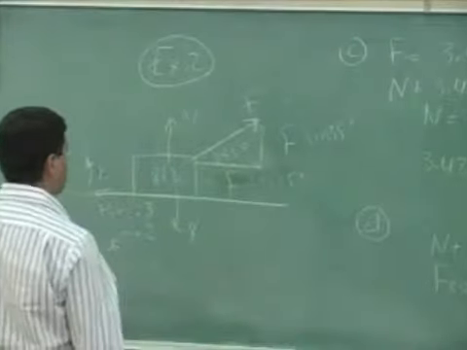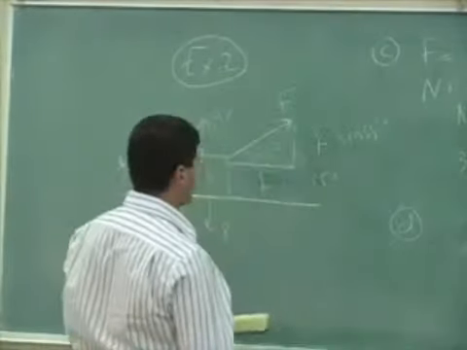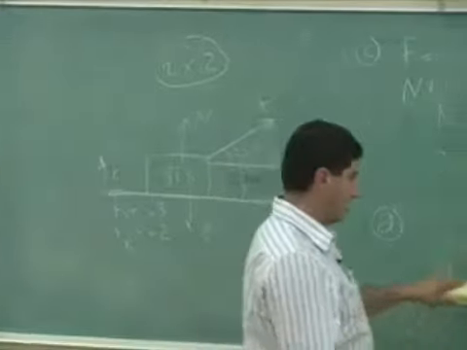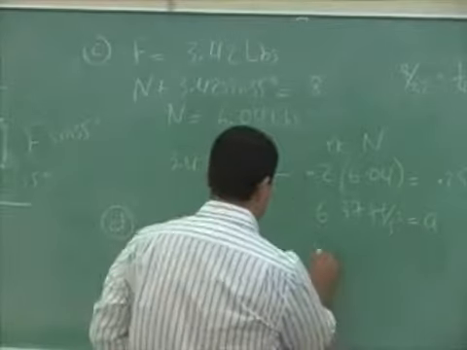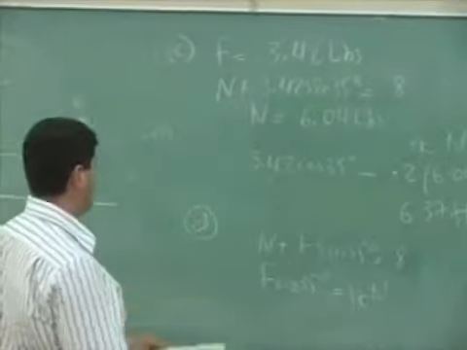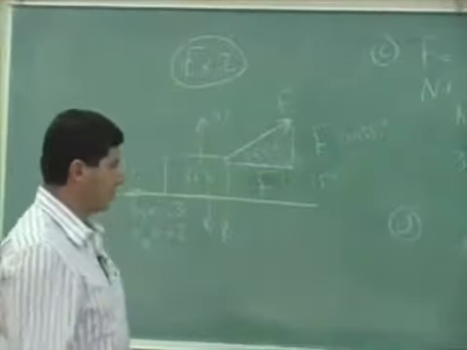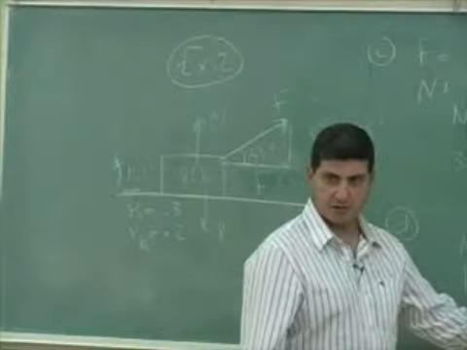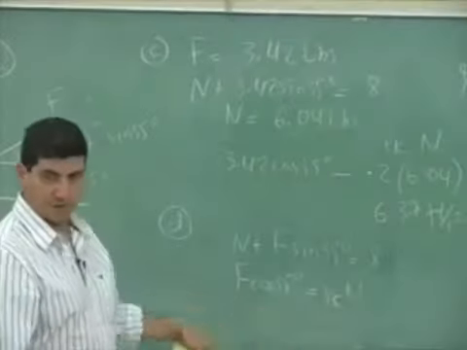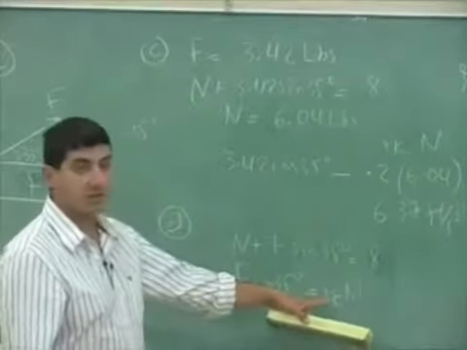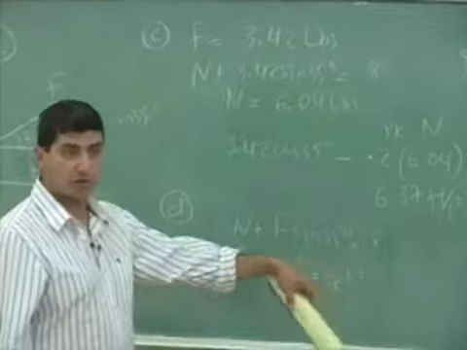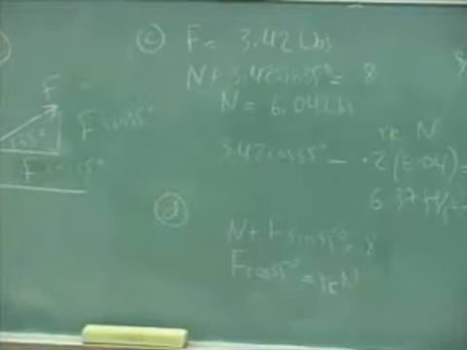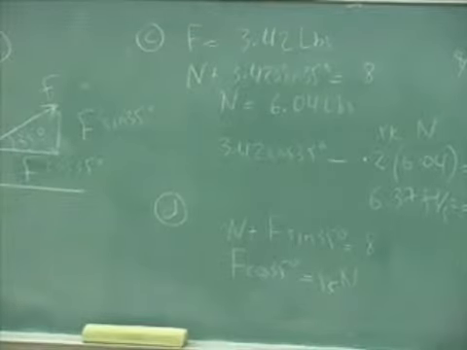So what we're arguing is, if this plus this equals the weight, which in this case is 8 pounds, and then if the f cosine 35 equals mu kn, then we took the n, we substituted it into here, and we solve for f, right? So the other day we did this for mu s. Okay? So now we do it with mu k.